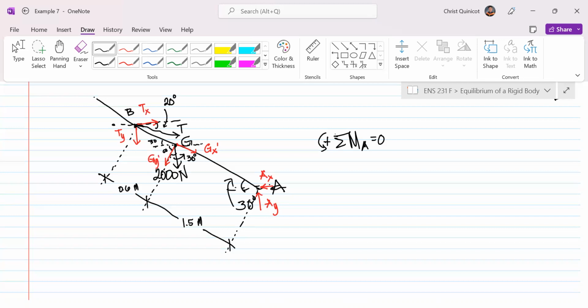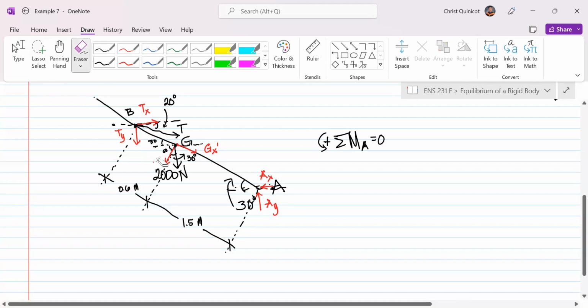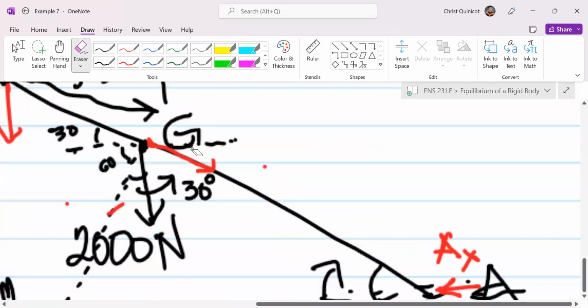Now our 2000 Newton, I believe we just delete these red portions so we do not confuse ourselves.